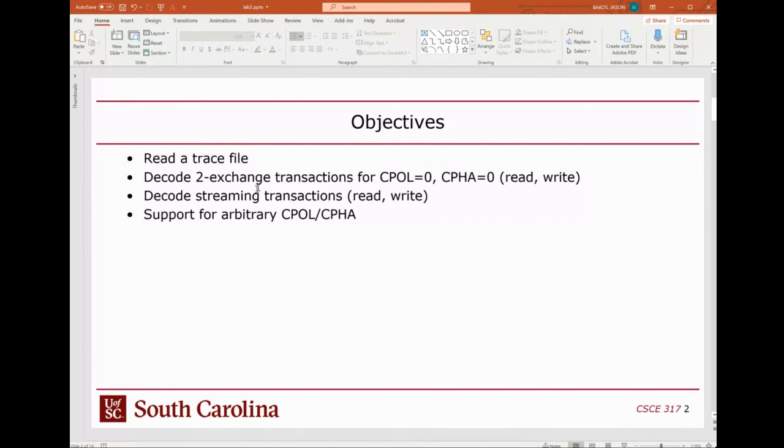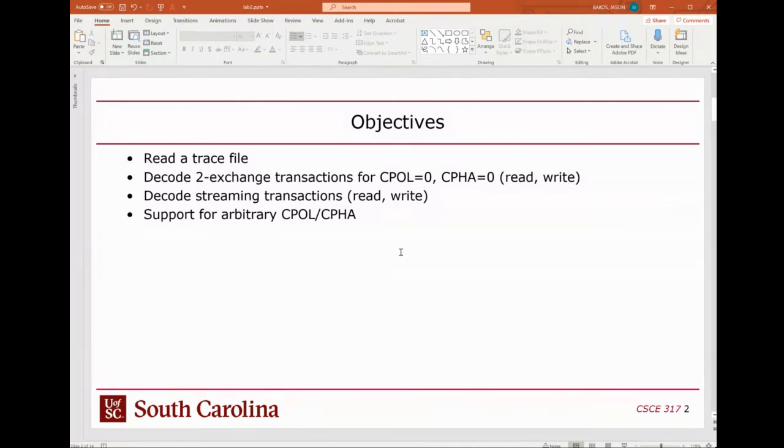The second part is where you'll be decoding streaming transactions that allow you to read or write multiple bytes within one transaction. That involves 3 or more exchanges. And then the third part, as I mentioned, you're going to be decoding either 2-exchange or streaming with arbitrary CPOL or CPHA.